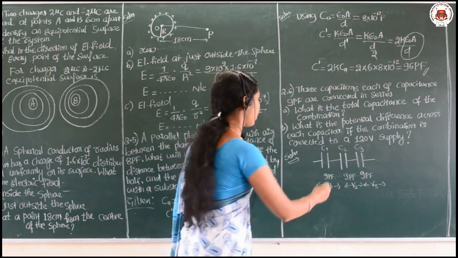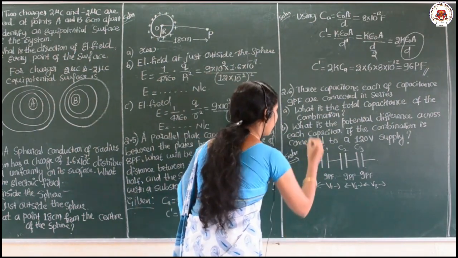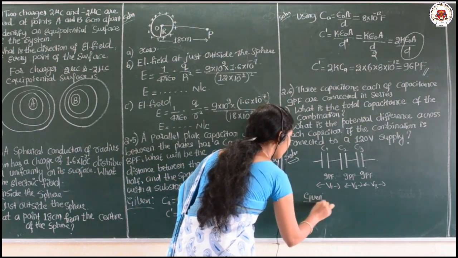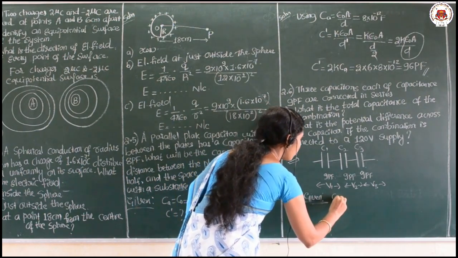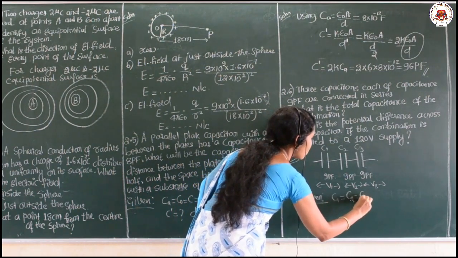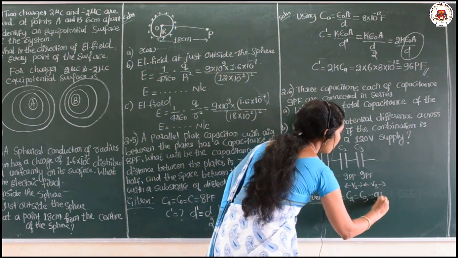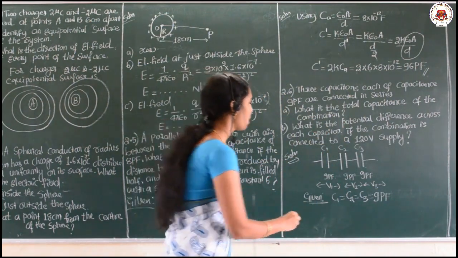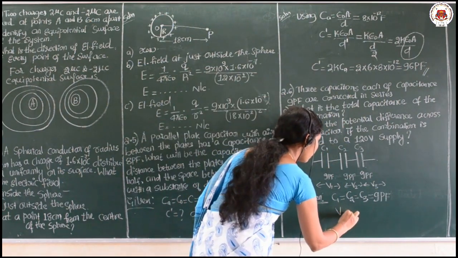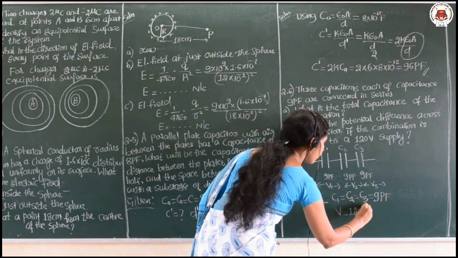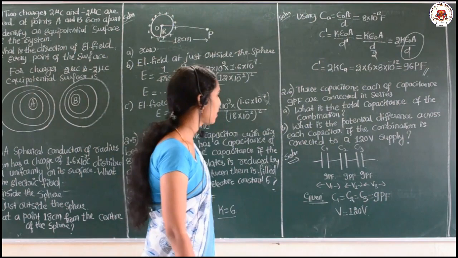Okay. So firstly what we need to calculate, given that, as you take down dear children, given is C1 is equal to C2 is equal to C3 is equal to 9 picofarad. All the 3 have the same value, and the total potential is equal to 120 volt, right.